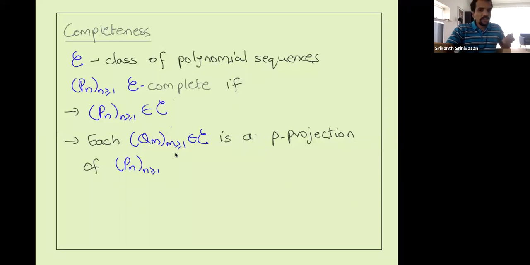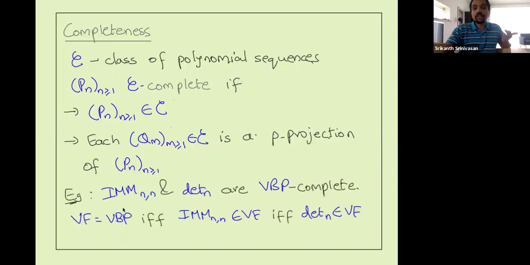What we just saw on the previous slide is that both the iterated matrix multiplication polynomial and the determinant polynomial are VBP complete, which is to say that every polynomial sequence in this class reduces efficiently to these polynomial sequences, and these polynomial sequences are themselves in this class. And this allows us to make all sorts of interesting statements. For instance, I told you about two complexity classes, VF and VBP.